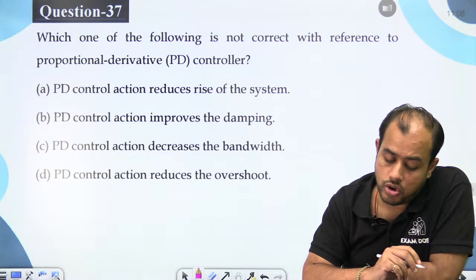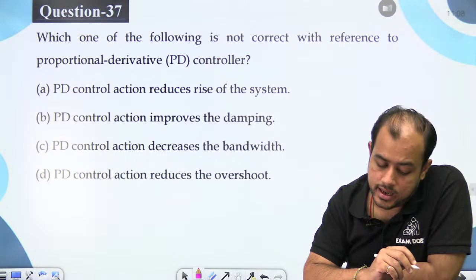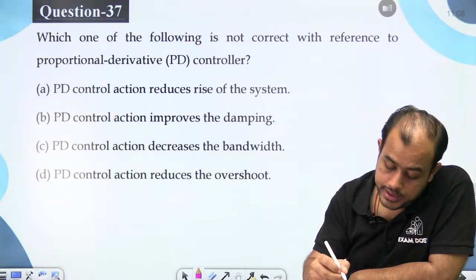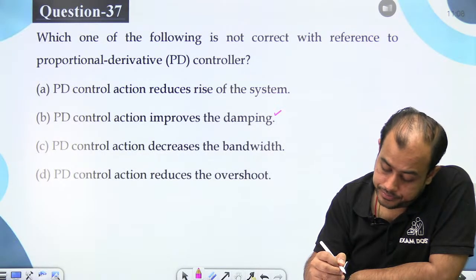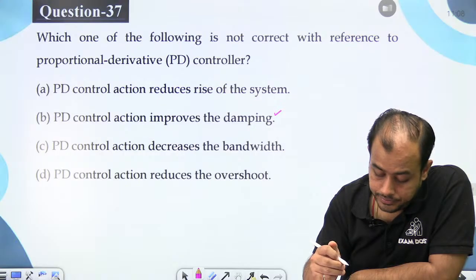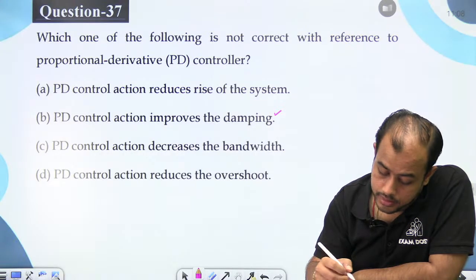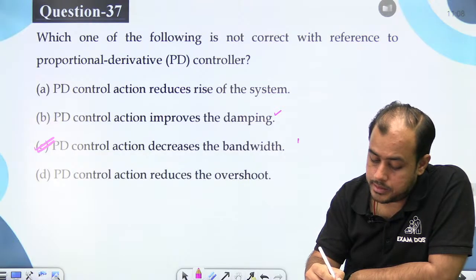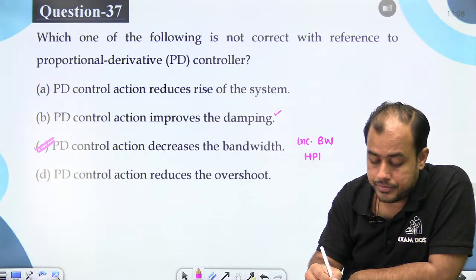ESE 21, not correct with respect to PD controller. Improves damping. See, it increases bandwidth. It is a high pass filter.